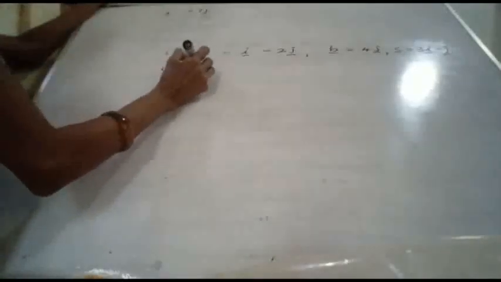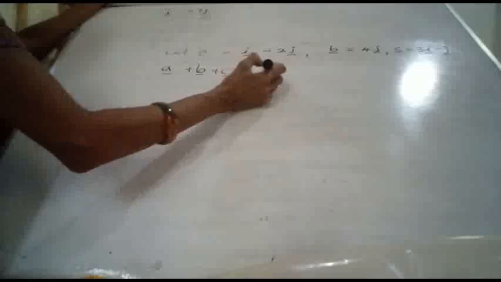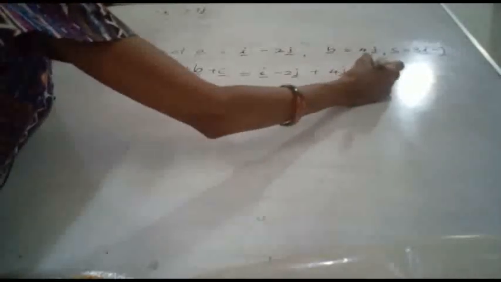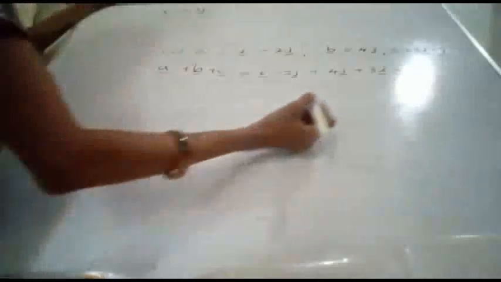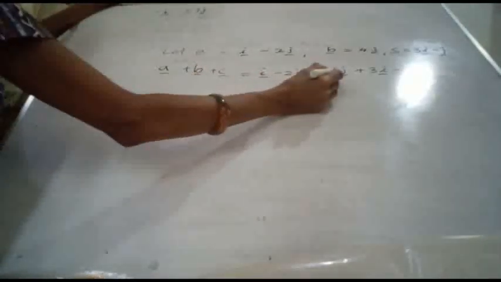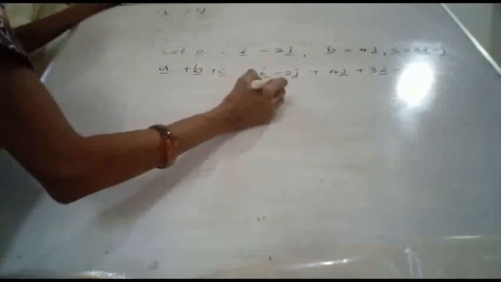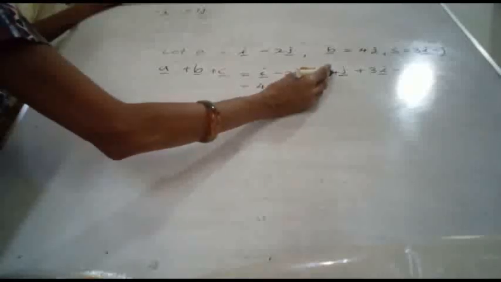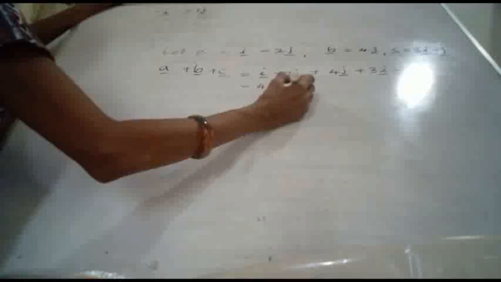Next part, the unit vector in the direction of vector A plus vector B plus vector C. Vector A plus vector B plus vector C is equal to 4i, negative 2j, positive 4j, positive 2j, subtract j, positive j.